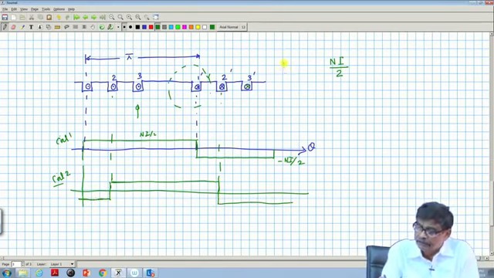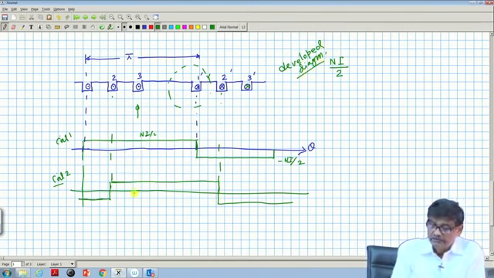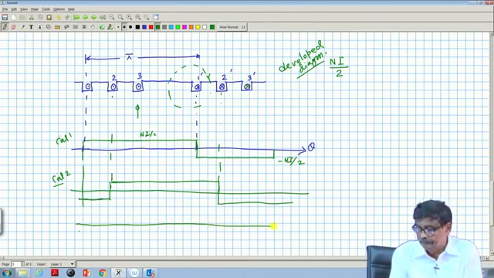This is the developed diagram, mind you, of the circular thing. And similarly, for the third coil, it will be like this, which will be here.